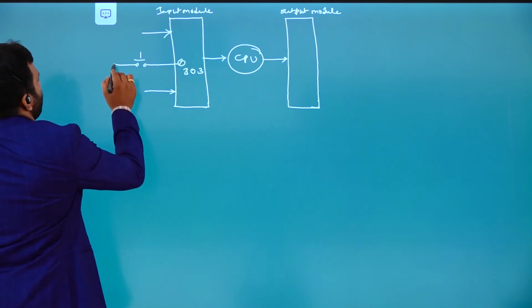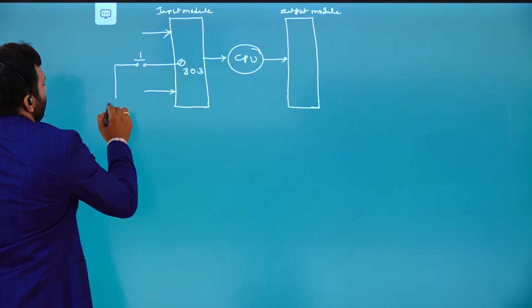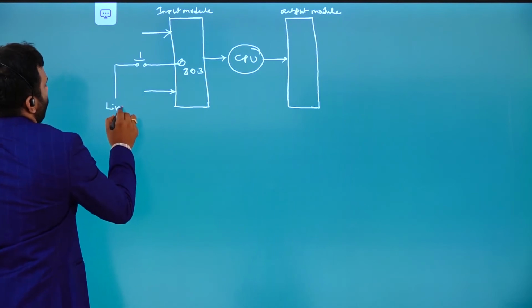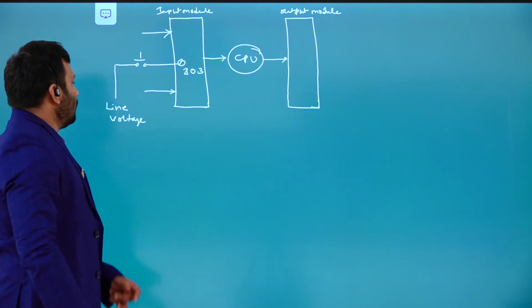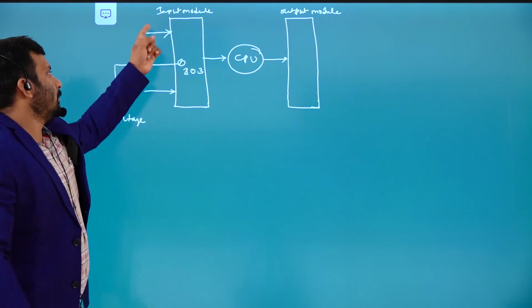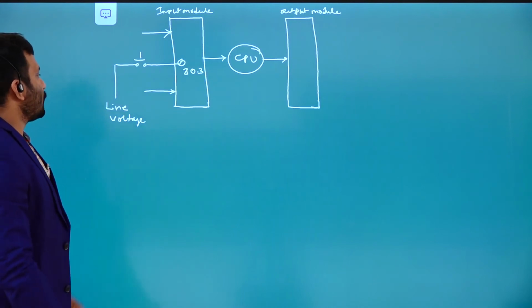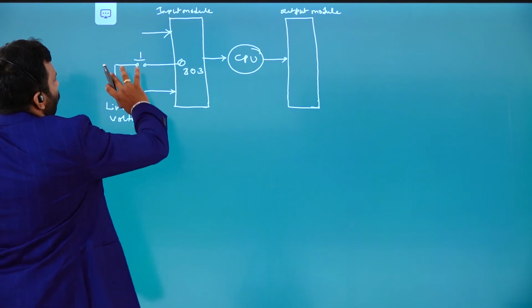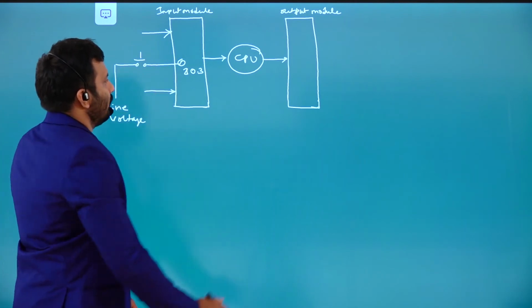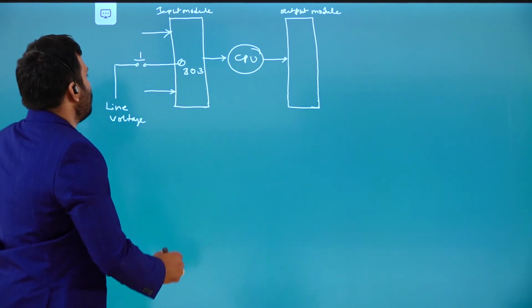So this is going to be connected with line voltage or supply from the power supply of the input module. Anyway, one terminal is going to be connected here, and one terminal is connected with the push button.